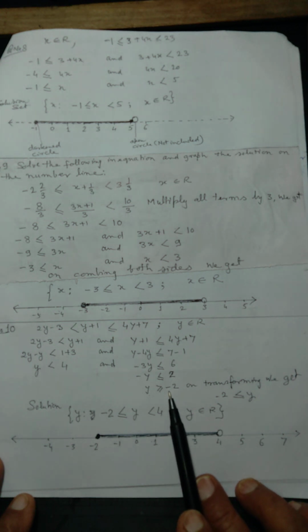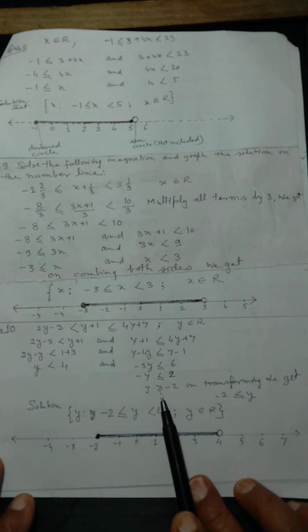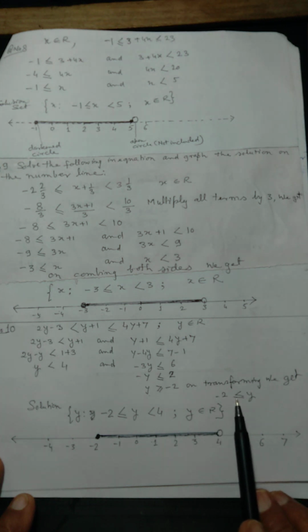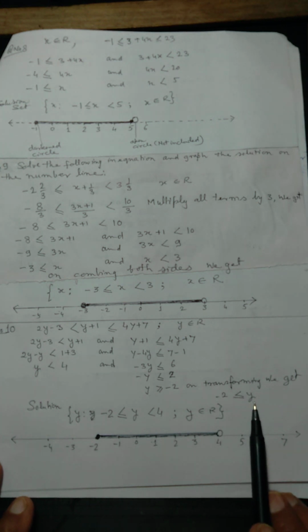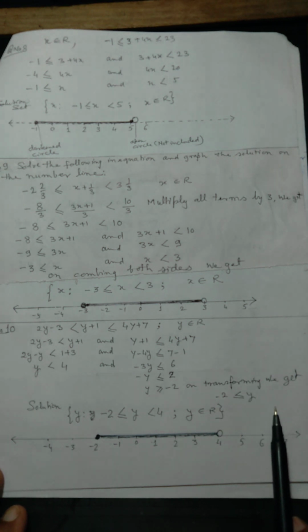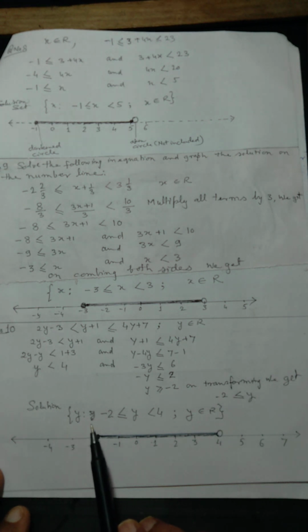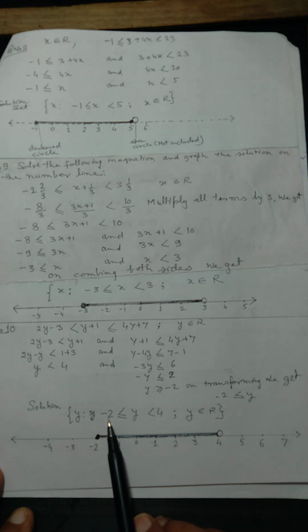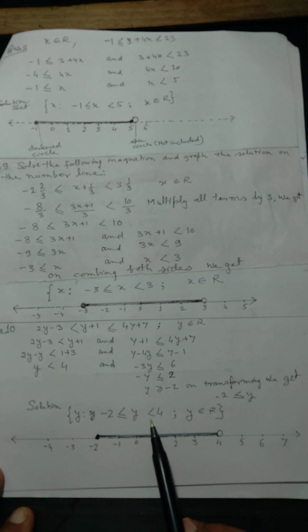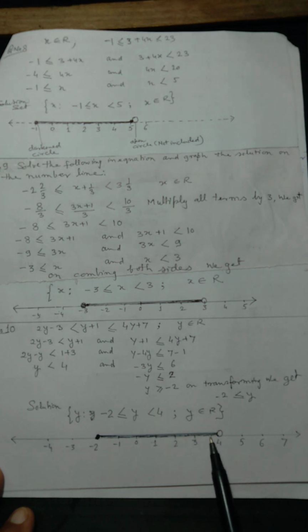So you see, it is greater than or equal to, now it has become minus 2 is less than or equal to y. This process is known as transforming. Now come to the solution here. y is such that minus 2 is less than or equal to y and y is less than 4, where y belongs to real numbers.